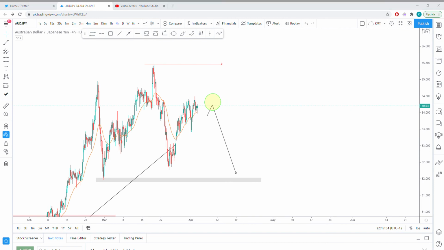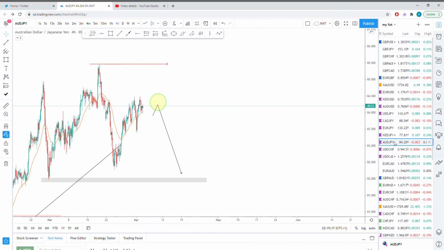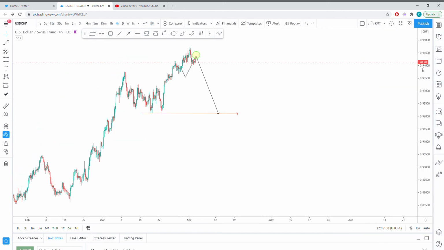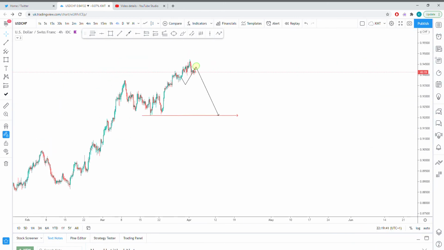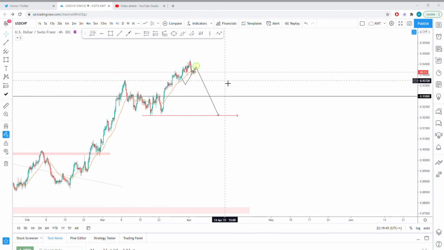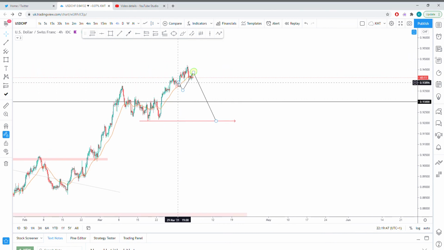So we'll take a look now at the last two pairs for this week. USD CHF. What we are looking out for is this shift in momentum towards the downside. We spoke about this last week. However, on 1st of April, I was looking out for this pair to drop, and I think we may have missed this.